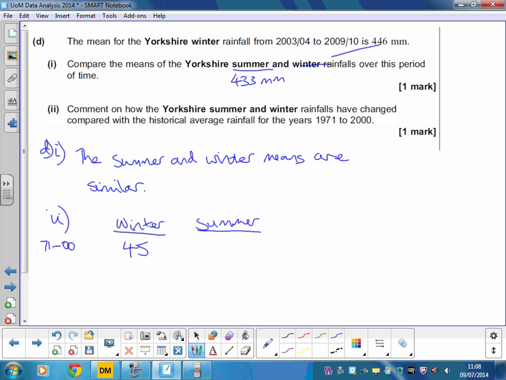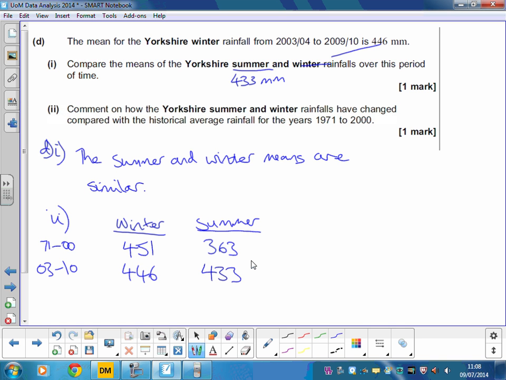You read this off the table on page 2. It's 451 for winter and 363 for summer. From 2003 to 2010, they're the numbers we've just worked out and been told. So that was 446 for winter, and our answer to part C was 433 for summer.